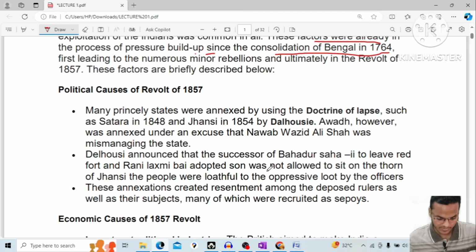इसमें जो political causes of revolt 1857, इसमें ये हुआ था कि many princely states were annexed.